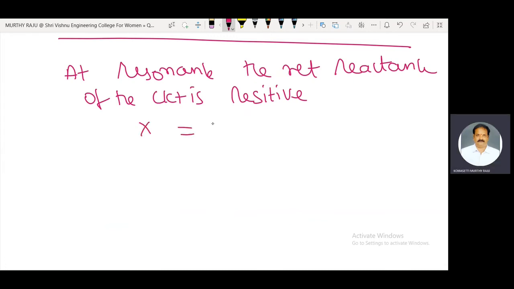Therefore, X is equal to plus or minus R at resonance, already derived in the part 1 video. That means omega L minus 1 by omega C is equal to plus or minus R.